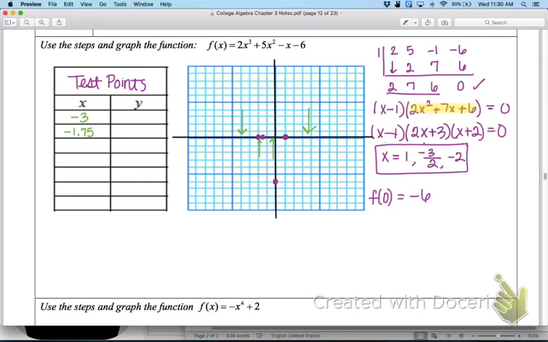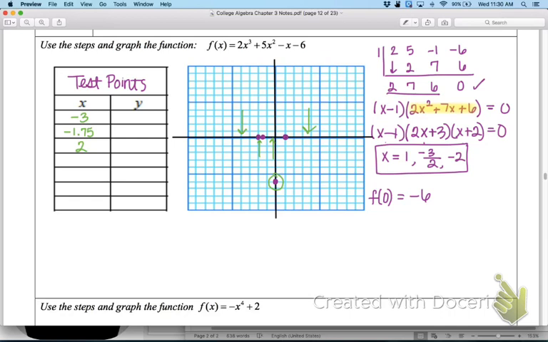It's just got to be between those two. In between -3/2 and +1, we already know what happens at 0. That's our y-intercept down here, so I think we're good there. And then we need to test something to the right of +1, so I'm going to choose 2.